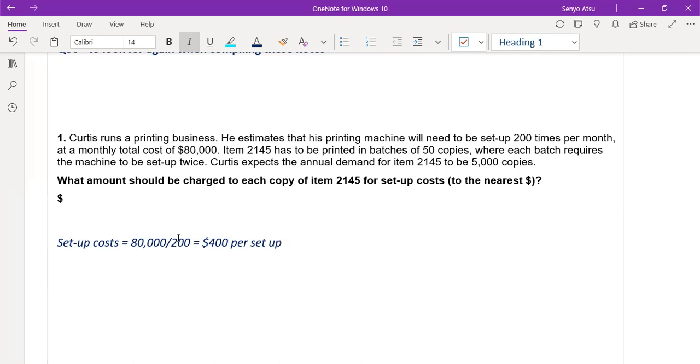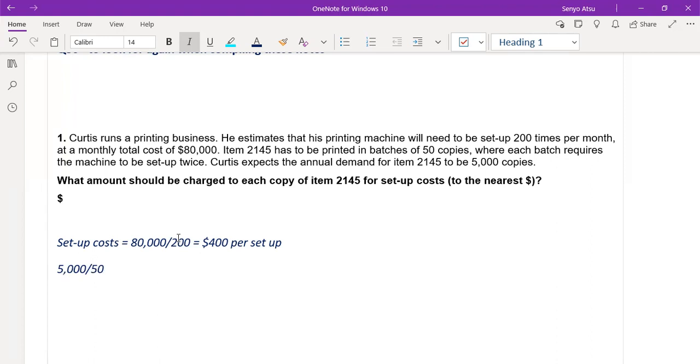So if item 2145, whatever that is, has to be printed in batches of 50 copies, where each batch requires the machine to be set up twice, and Curtis expects the annual demand for item 2145 to be 5,000 copies. Now, 5,000 copies produced in batches of 50.